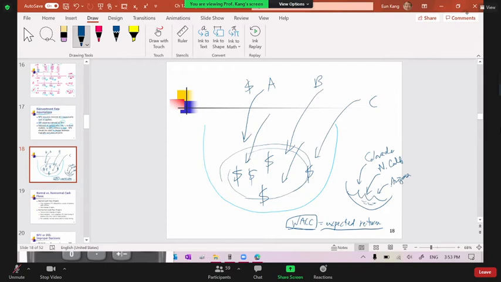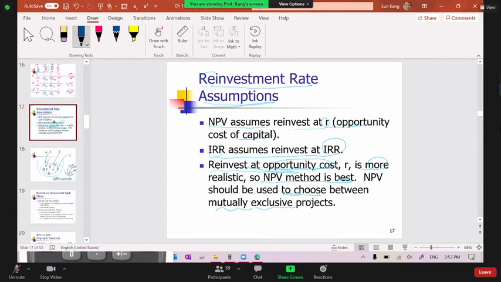Okay, you are expected to get your expected return. So that's why reinvesting at opportunity cost R is more realistic. So the net present value rule is the best. The IRR rule has a critical flaw. That is, all the cash flows will be reinvested at IRR.